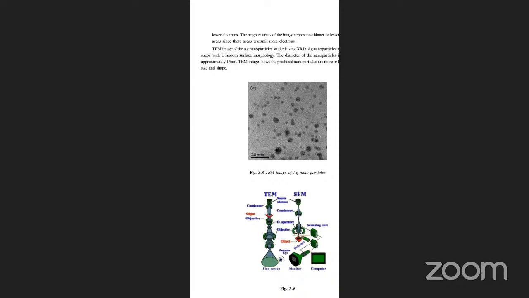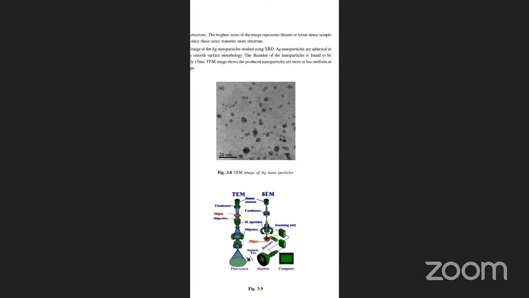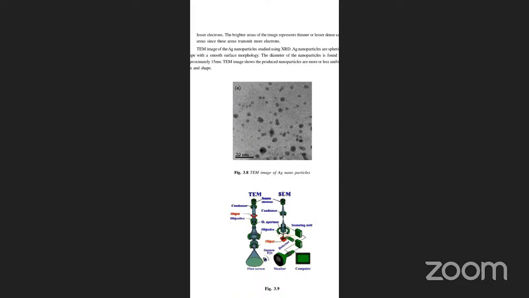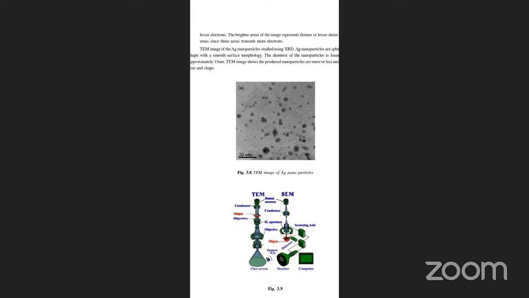The brighter areas of the image represent thinner or less dense sample areas since these areas transmit more electrons.